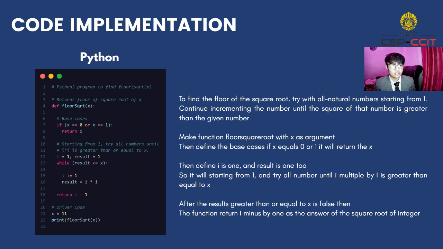If x equals 0 or 1, it will return x. Then define i as 1 and result as 1. So it will start from 1 and try all numbers until i multiplied by i is greater than or equal to x. After the result greater than or equal to x is false, then the function returns i minus 1 as the answer of the square root of the integer.